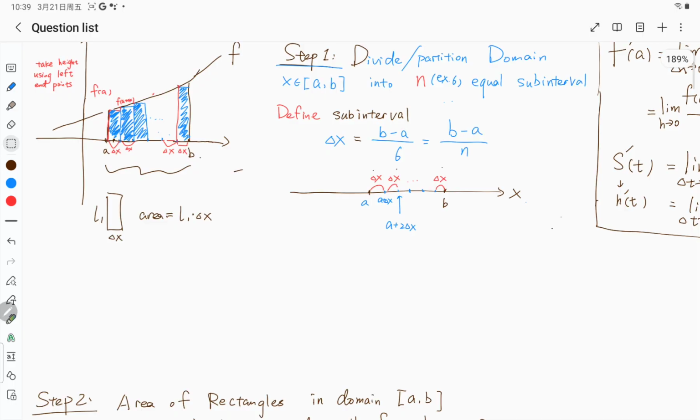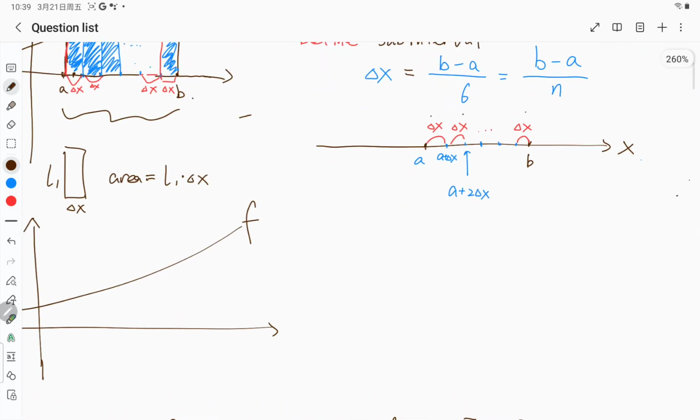Okay, so here I'm just going to draw it again. The f can be any shape, but I'm going to keep things simple. That's the reason I draw it this way, and then we have the domain a, b, and decompose it into, again, 6 intervals, and each of these is delta x.